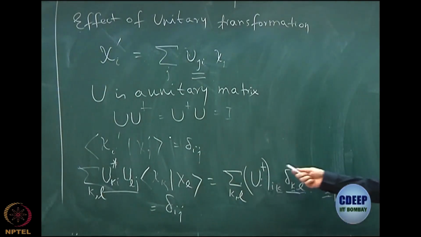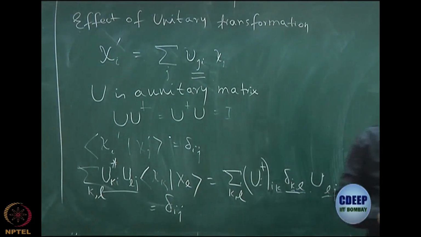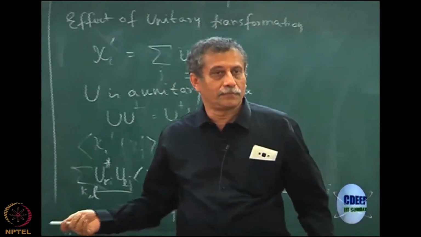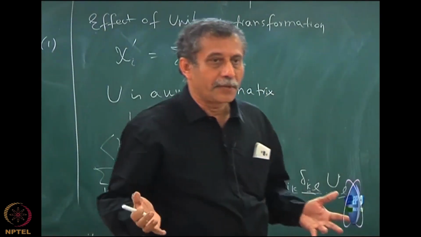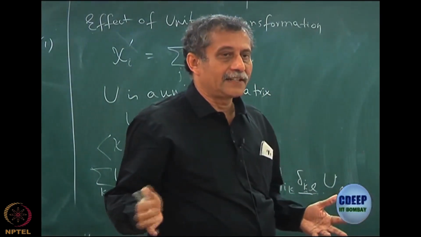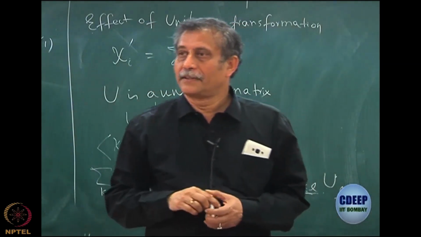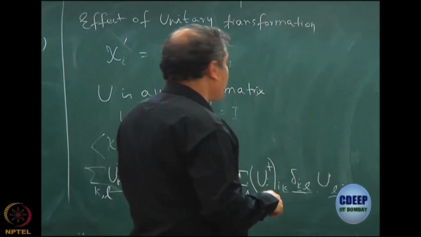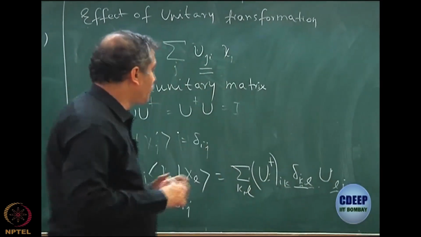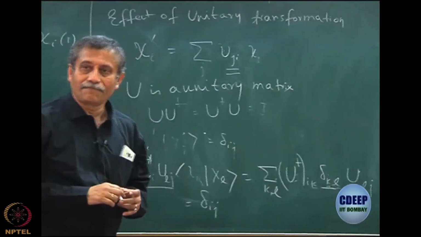So it is U dagger identity U, which is the same as U dagger U, which is delta ij. So either way, you should be able to do this. Is it clear? Is it clear to everybody? These manipulations are very important. If you get confused with manipulation, you will not get the results. Matrix manipulations, you must learn.